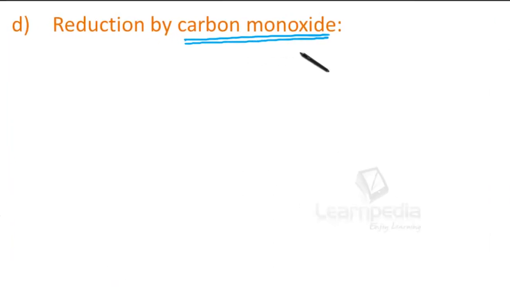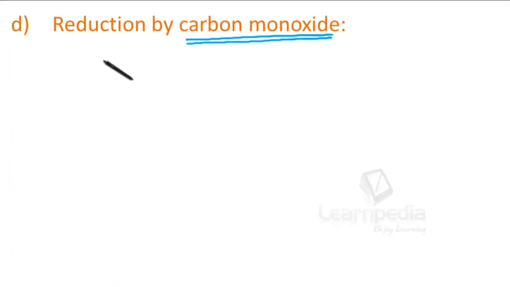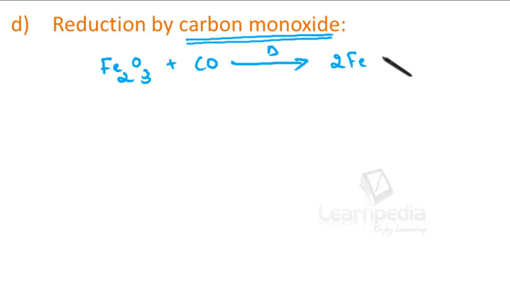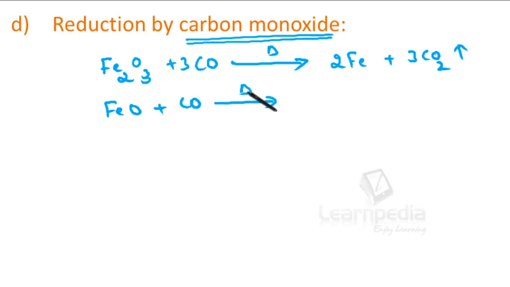So we can use this carbon monoxide, as earlier studied, in reducing hematite Fe2O3, which can be reduced by the carbon monoxide to give iron plus 3CO2. And even ferrous oxide FeO can be reduced with carbon monoxide to give iron plus carbon dioxide.